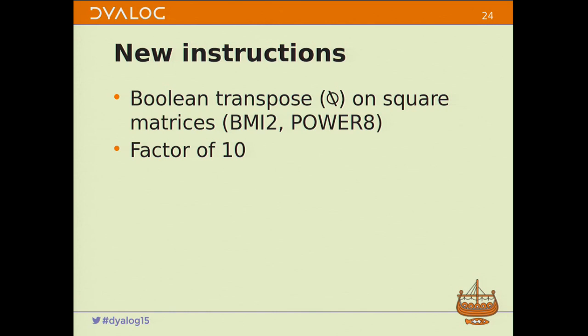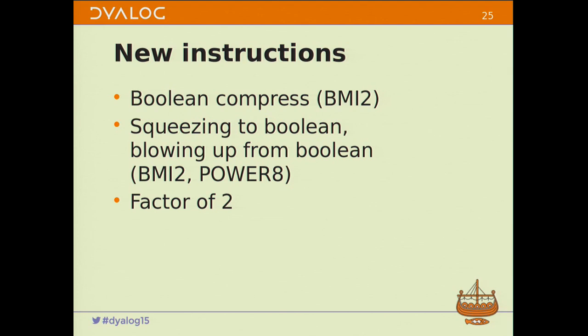In that case, it sped up by a factor of 10 by taking advantage of one slightly peculiar instruction. And there are other examples of bit manipulation instructions that sped up things that are taking Boolean data and expanding it out to word data, or doing the opposite, taking an array of integers or doubles and squeezing it down to a Boolean matrix in a compaction.